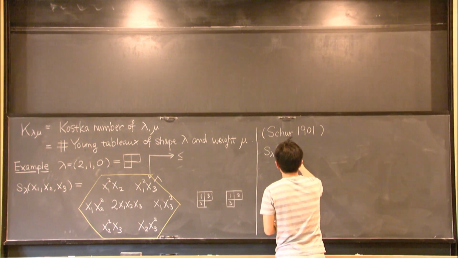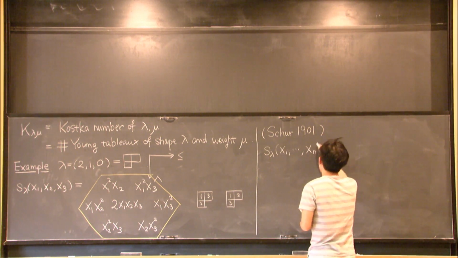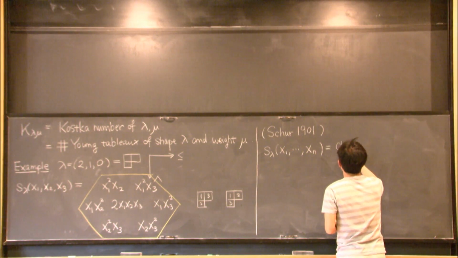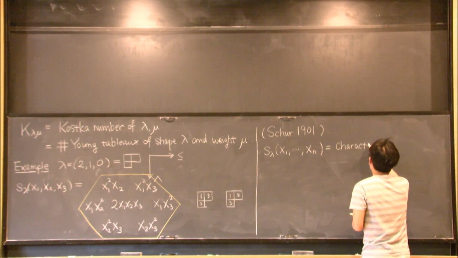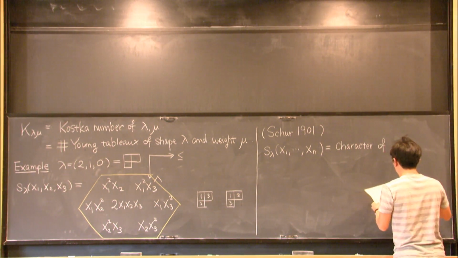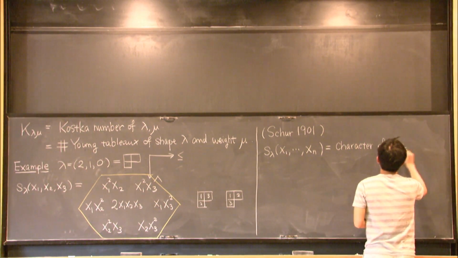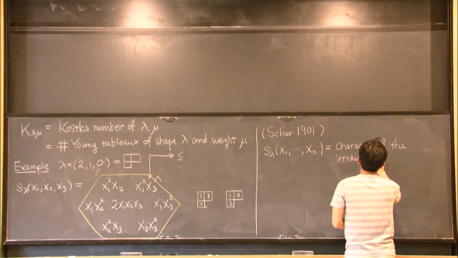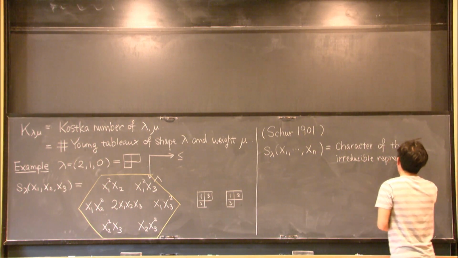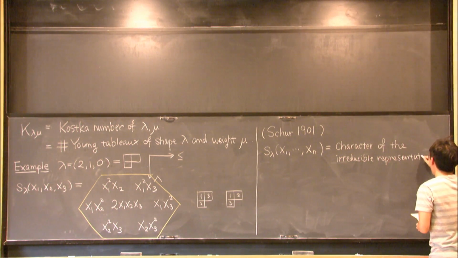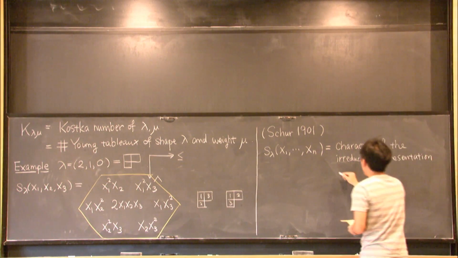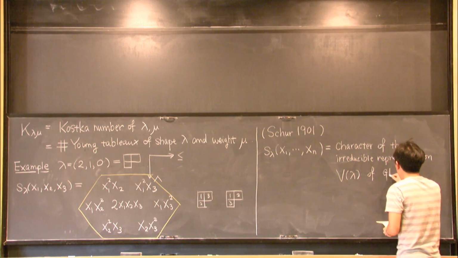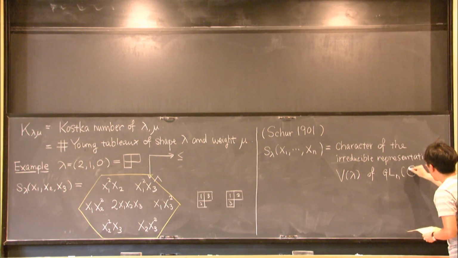So he noticed that this homogeneous polynomial is actually the character of the irreducible representation, say V lambda, of our favorite group GL_n(C).